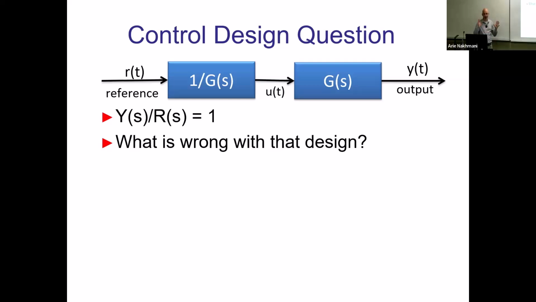Even if G(s) is ideal and you know all of the parameters, obviously you have uncertainty in parameters, so you do not know G(s) exactly up to the 10th decimal point, right? All of the coefficients are approximate, you estimated them somehow. So 1 divided by G(s) is not exactly the inverse of G(s), it's approximately. So this will cause all kinds of problems.